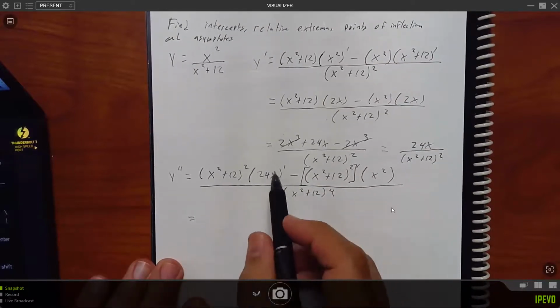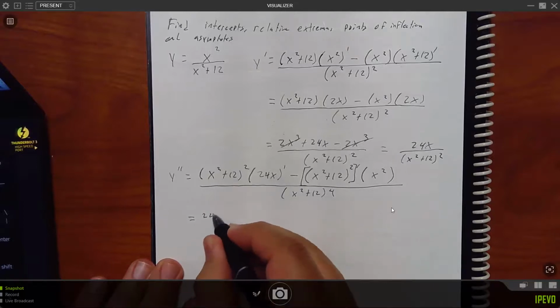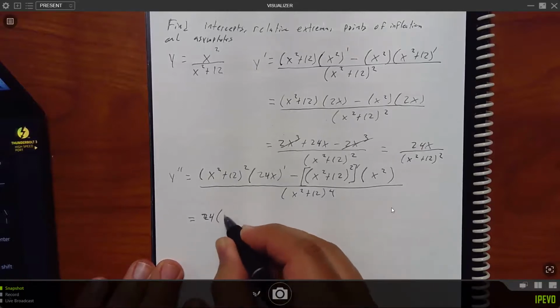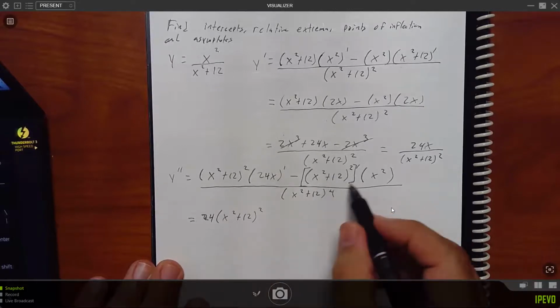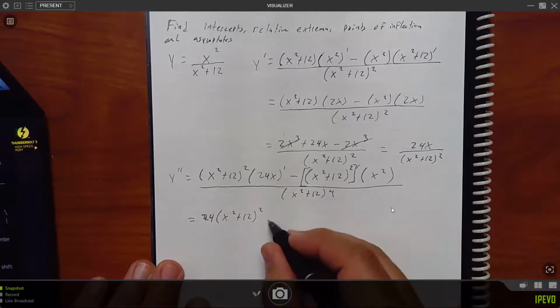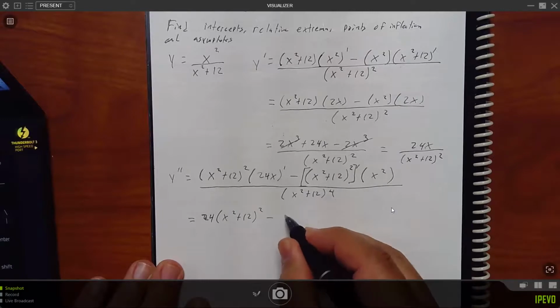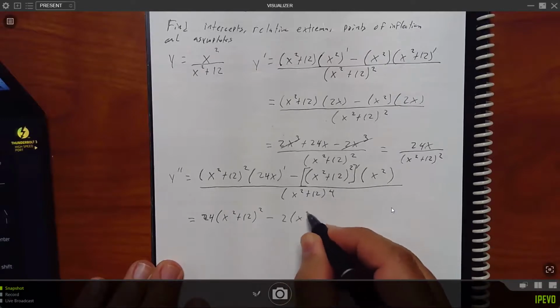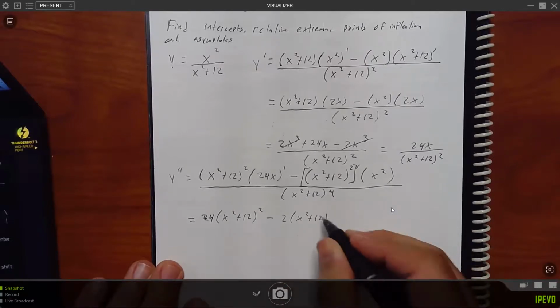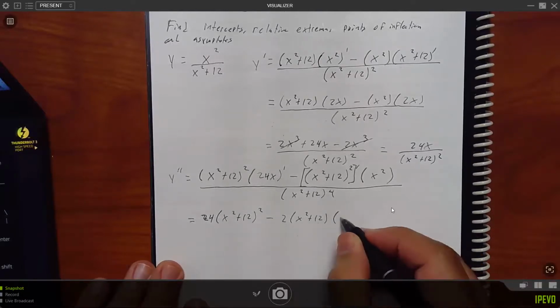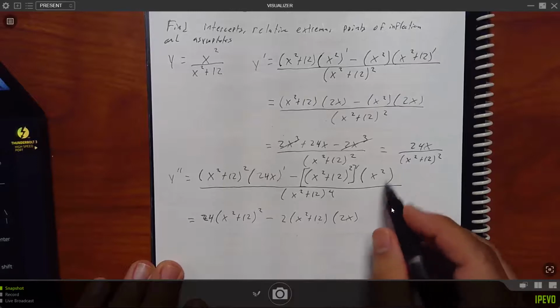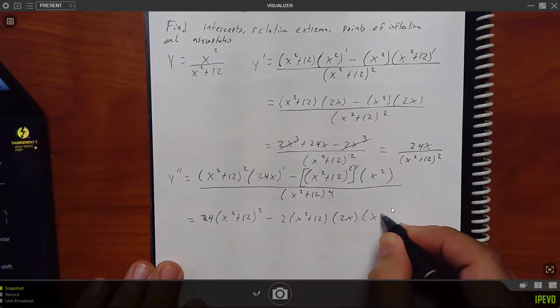So derivative of this guy is 24, x squared plus 12 squared. Derivative of this is a chain rule. So that'll be 2 times x squared plus 12 times derivative of the inside, which is 2x, times that is x squared.